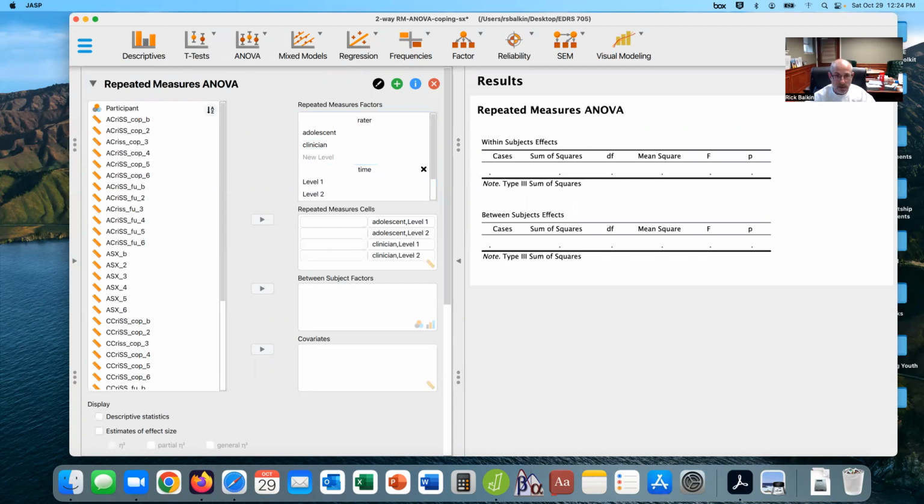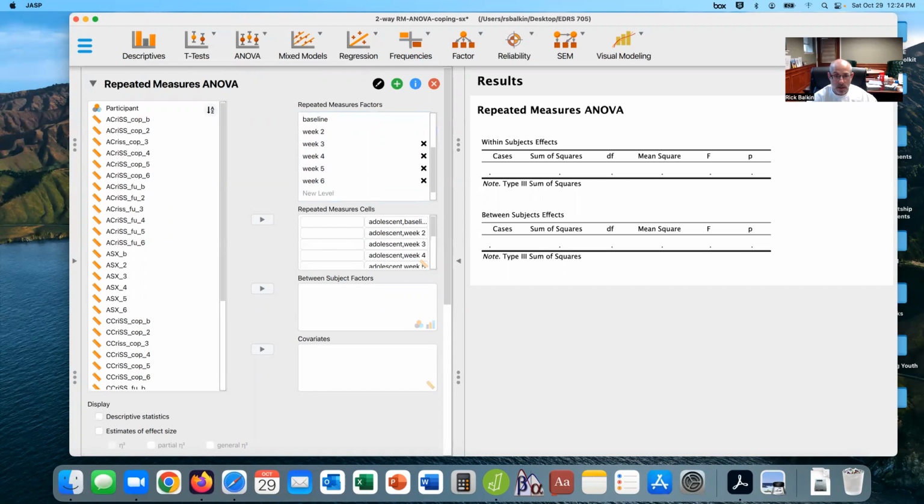And from here, I'm going to put baseline, which is when they come in the first week, and then week 2, week 3, week 4, week 5, and week 6.